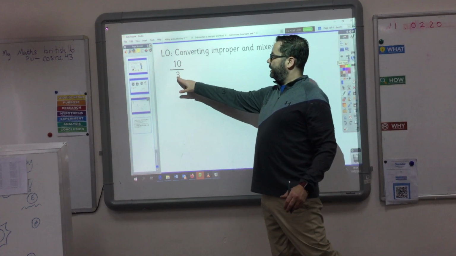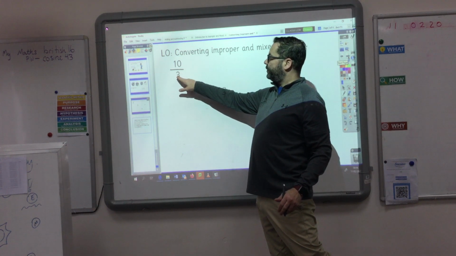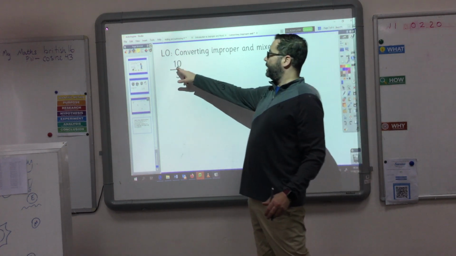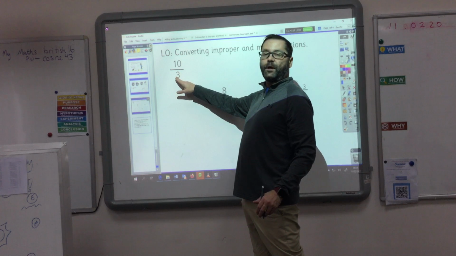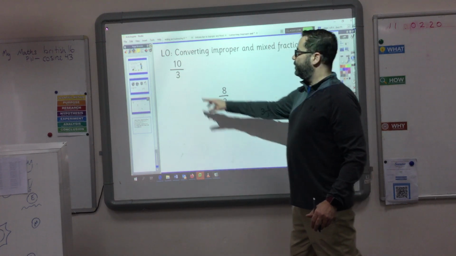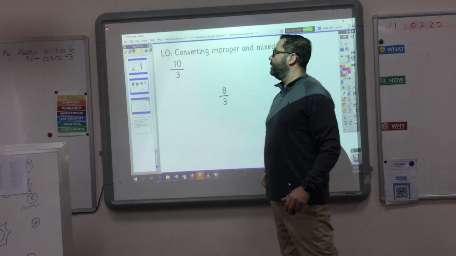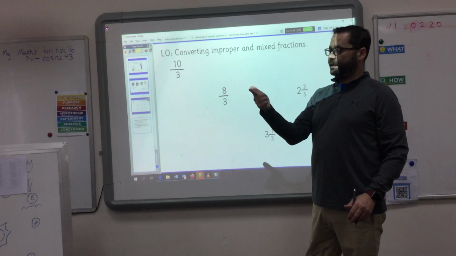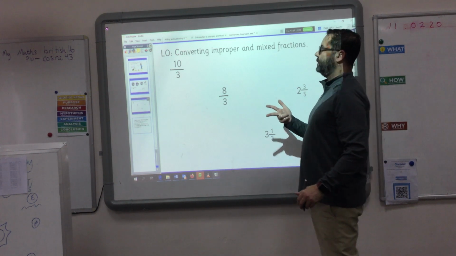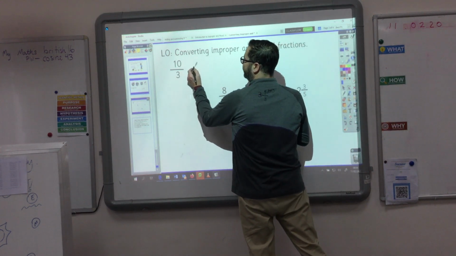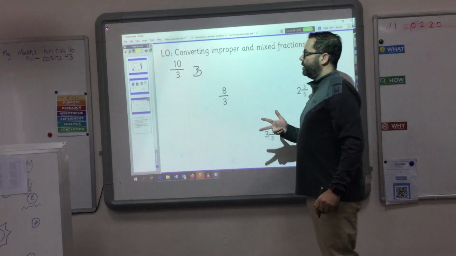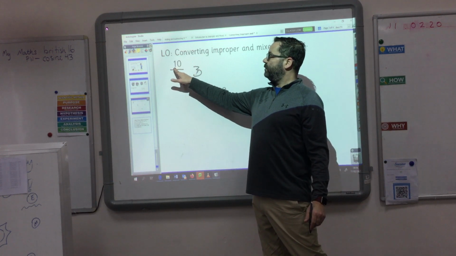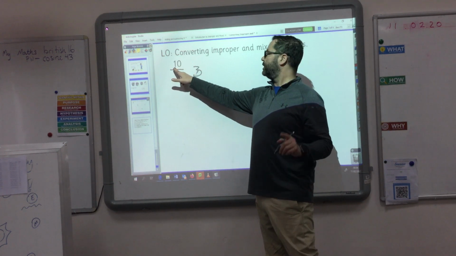So we can take a look at this. How many 3's are in 10? Okay, this is an improper fraction. The numerator is 10, the denominator is 3. Well, I know that 3 can go into 10 3 times. 3, 6, and 9. So it can go into 10 3 whole times. And if we get to 9, we know that 10 is 1 more than 9.